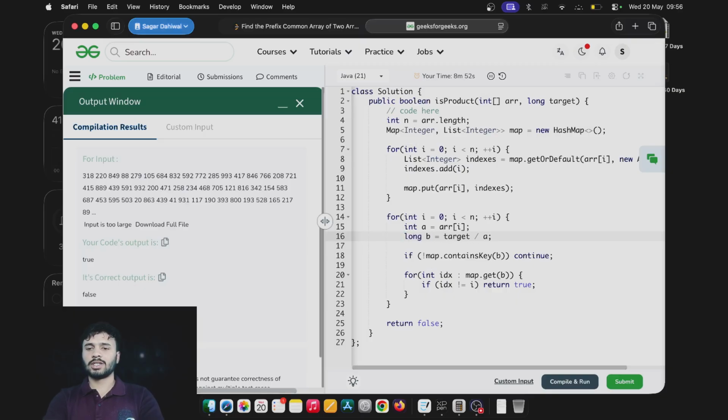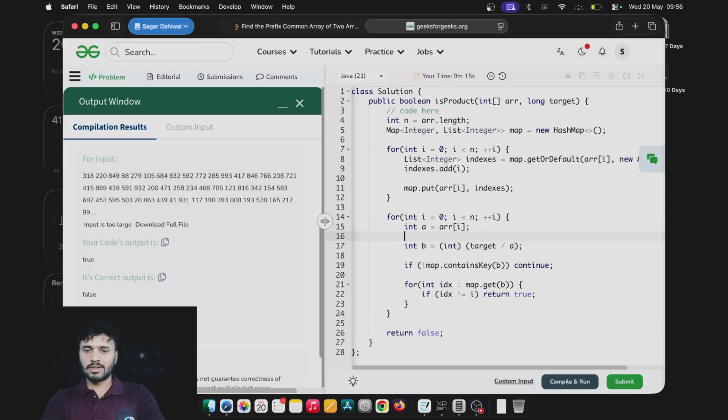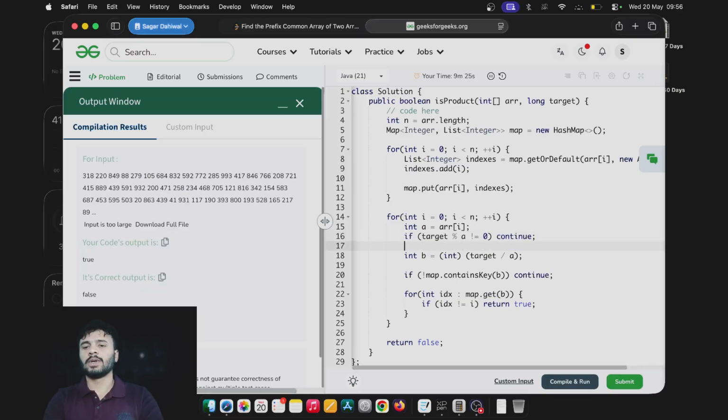So let's convert it into long, or actually you can check double, to see whether there is a floating value or not. We can also check via this: if target modulo A is not equal to 0, continue, meaning we cannot divide this target properly.